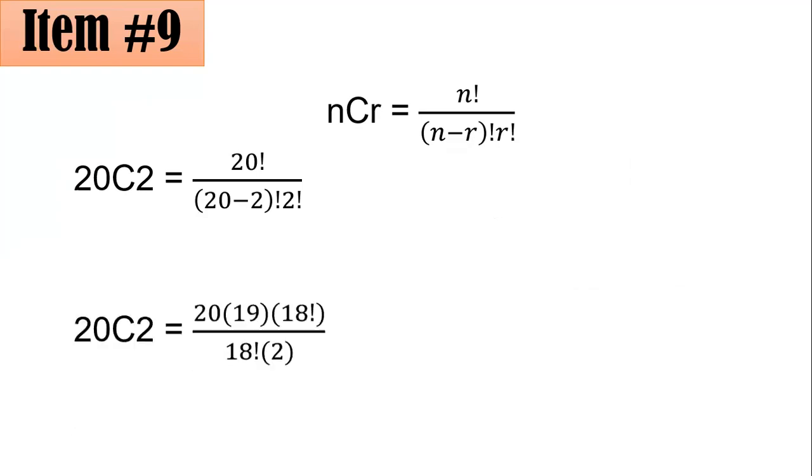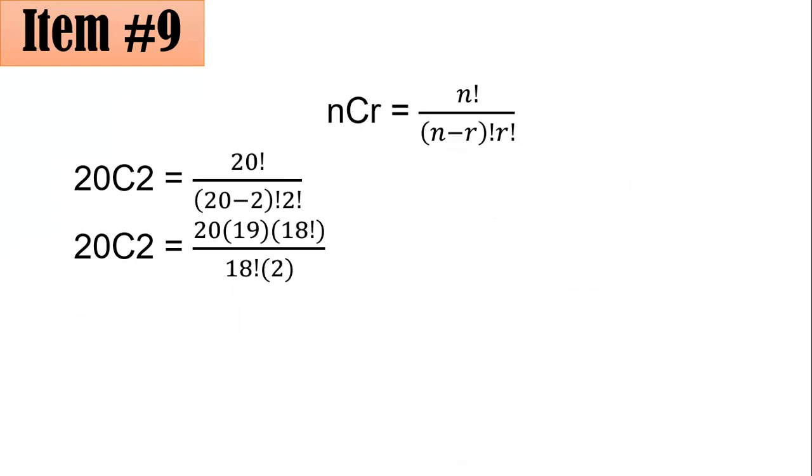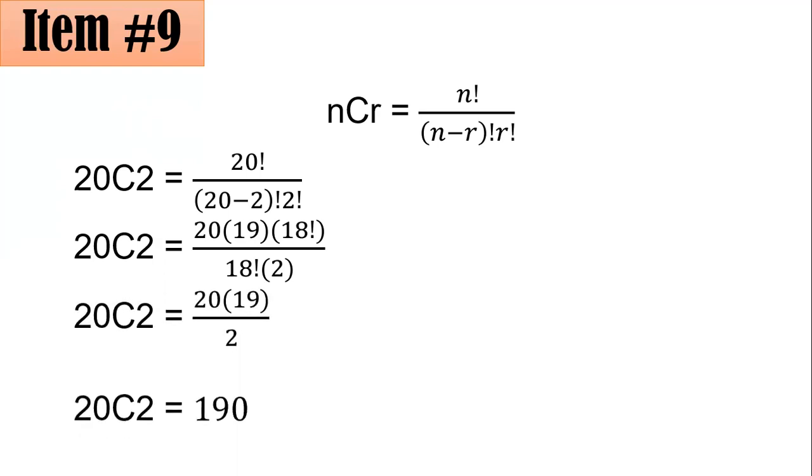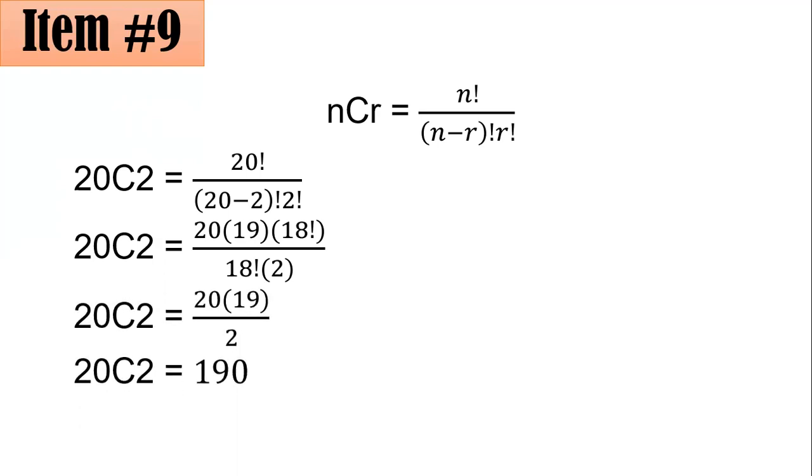The 20 factorial is factorable or could be expressed as 20 times 19 times 18 factorial all over 18 factorial times 2. So we could divide them both by 18 factorial. And what we have is 20 times 19 over 2, which is 190 ways. Hence, if you answered letter C, great job.